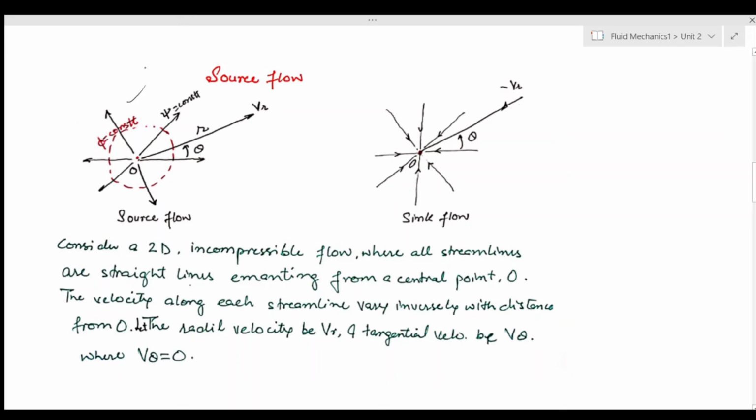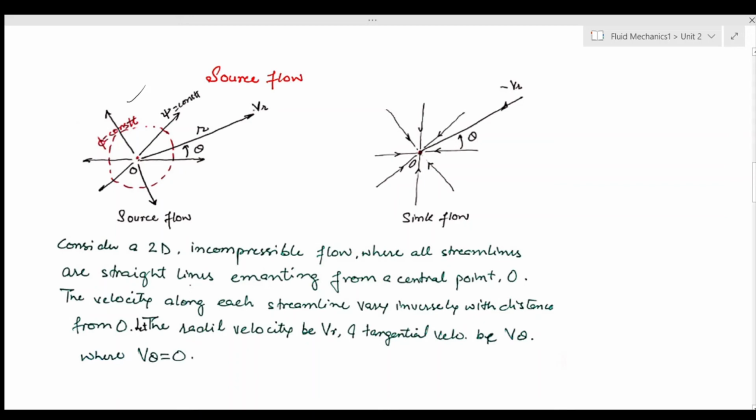In source flow, you would see an origin point O, and then radial lines coming out. These black radial lines are my streamlines, which are tangent to my velocity vector, and each radial line represents a streamline, psi equals a constant.